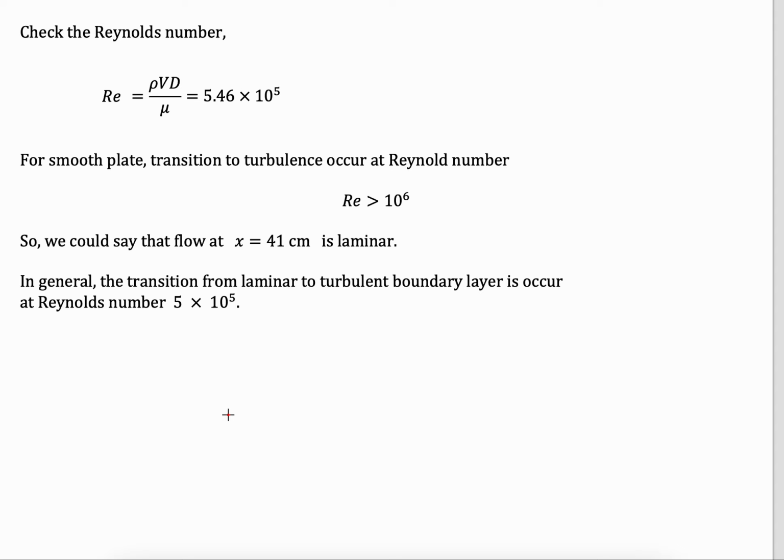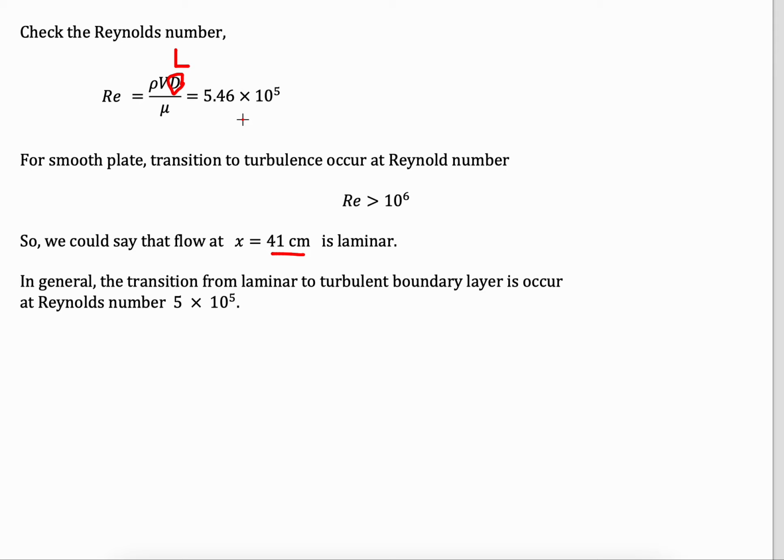Then we could check the Reynolds number, which we calculate as rho V d over mu. For the diameter here, you just replace it with the value of L, so rho V L over mu. We substitute the value of 41 centimeters, or 0.41 meters, and we found that it is 5.46 times 10 to the power of 5.